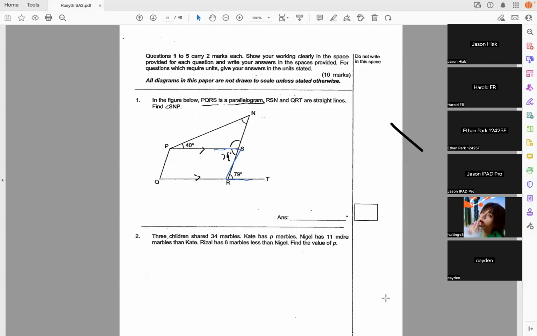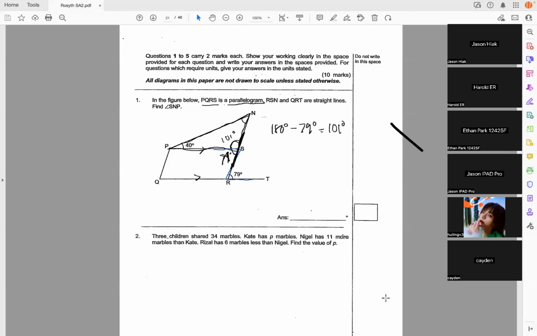This angle is an angle in a triangle. To find this angle, we use the concept of angles on a straight line, 180 degrees. 180 minus 79, you will get 101 degrees. So this is 101 degrees.